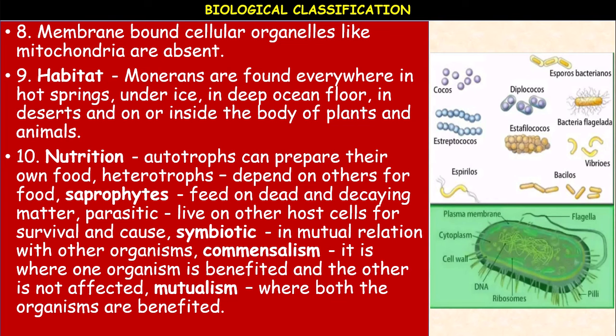Parasitic ones live on host cells for survival and cause diseases. Symbiotic ones undergo a mutual relationship with other organisms. Commensalism is where one organism is benefited and the other is not affected. Mutualism is where both organisms are benefited. See the beauty of nutrition in these monerans.